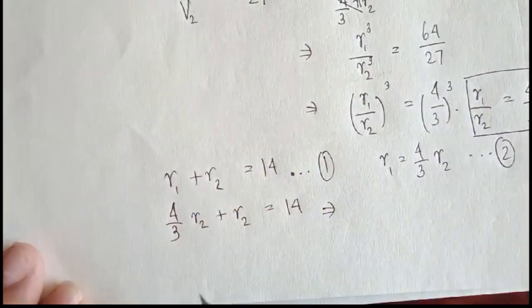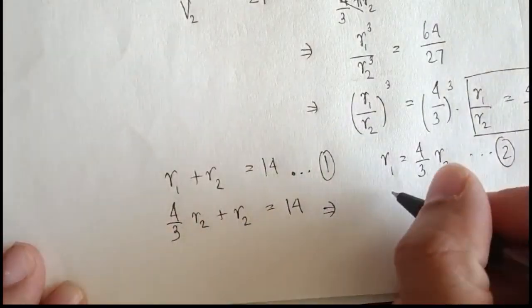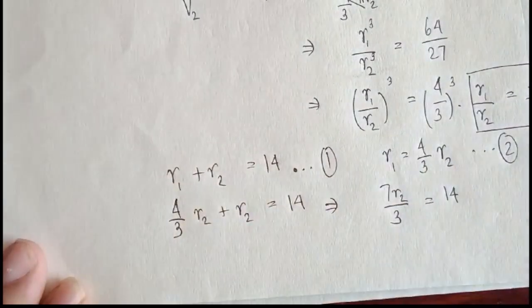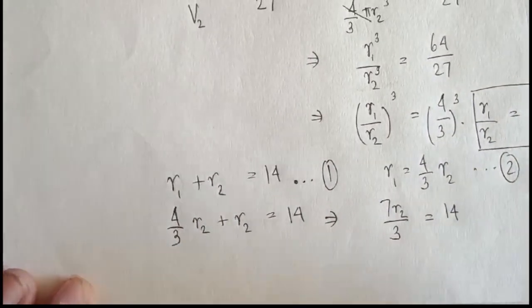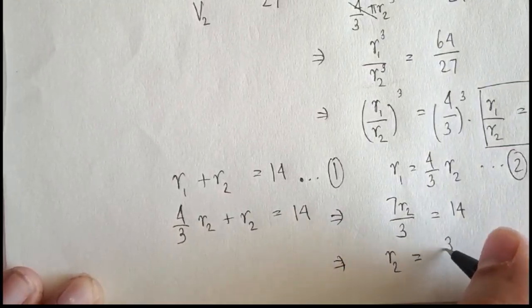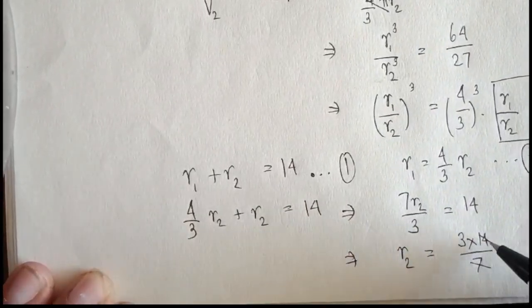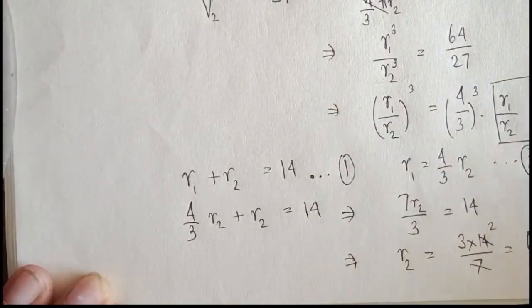So 4 by 3 R2 plus R2, what will that be? That will be 7 R2 by 3 is equal to 14. That gives us R2 is equal to 3 into 14 by 7. These will cut, and R2 is equal to 6 centimeters.